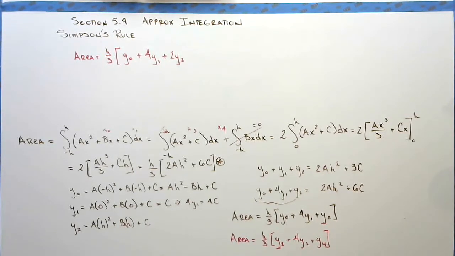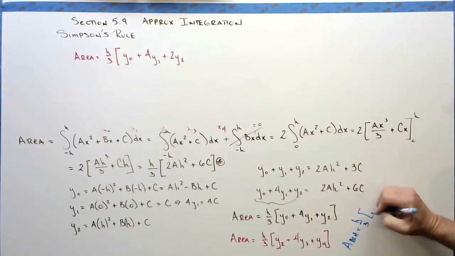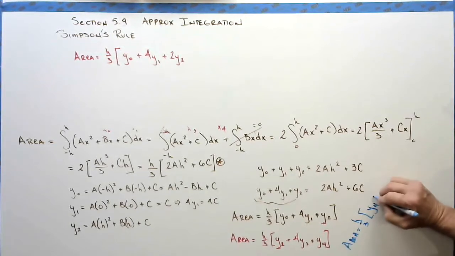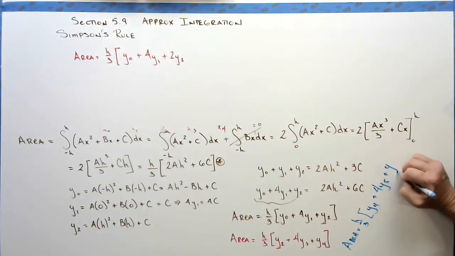So our next partition, if we were to write it down, I'll just jot it down in another color, throw it over here. Our next partition would be, the area is h over 3. We would start at y sub 4. We would get 4 y sub 5s, and then we would get a y sub 6.